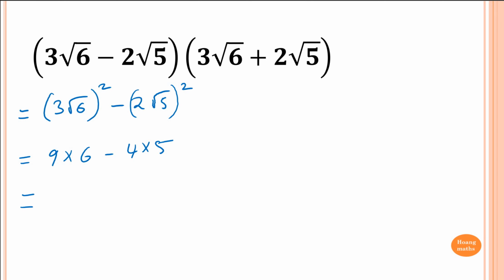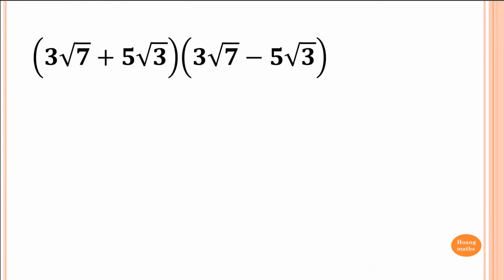So to do this, 9 times 6 is 54. And then 5 times 4 is 20, right? So minus 20. So 54 minus 20 is 34. So your answer is 34. Otherwise, just use your calculator, it will work perfectly, and you're allowed to use it anyway. But try to do it in your head if you can.